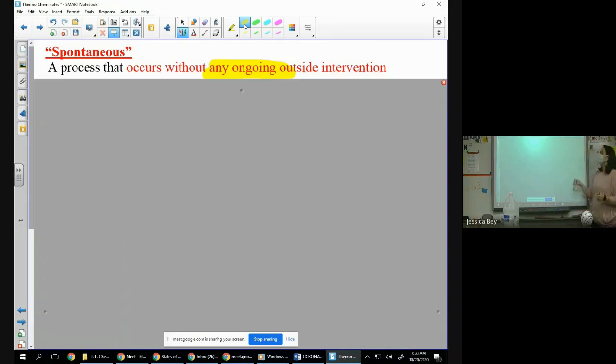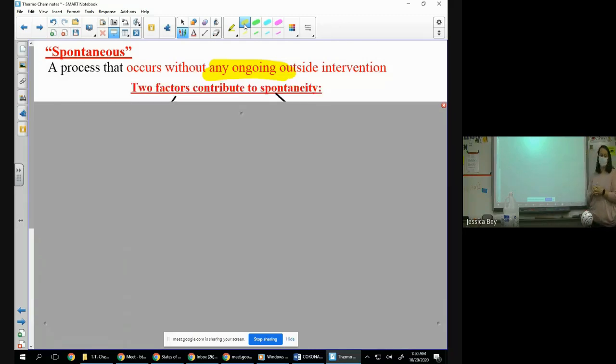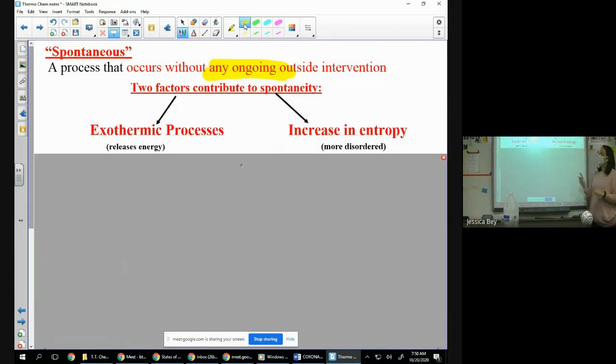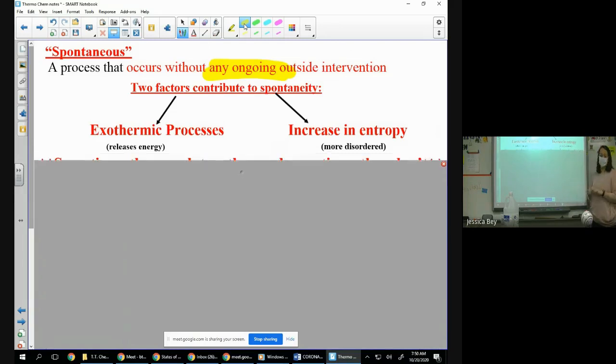Okay. So 2 factors will contribute to making things spontaneous. Here we go. It either has to be exothermic, which means it releases energy to its surroundings and heats up its surroundings, or it has to increase entropy.